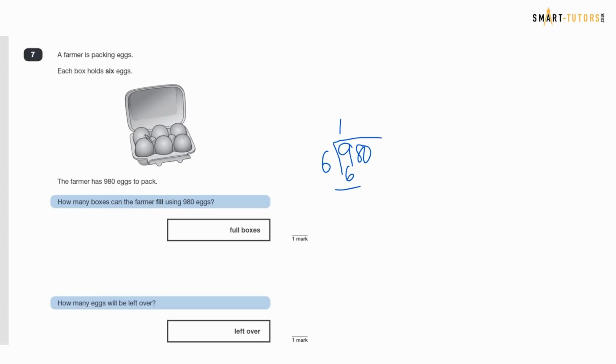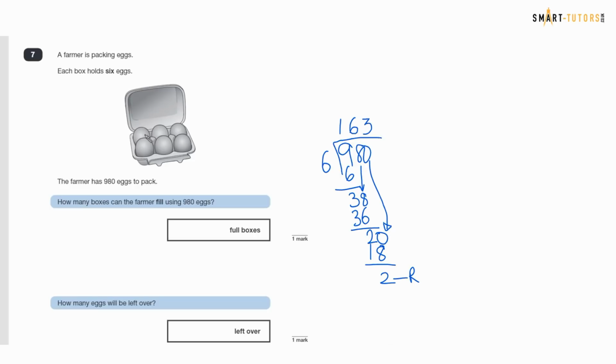6 goes into 9 one time. And 9 minus 6 is 3. Then you take the 8 down, it's 38, and 6 goes into 38 six times, which is 36, and 38 minus 36 you get 2. So you drop down the 0. 20 divided by 6 is 3. There is a remainder there.